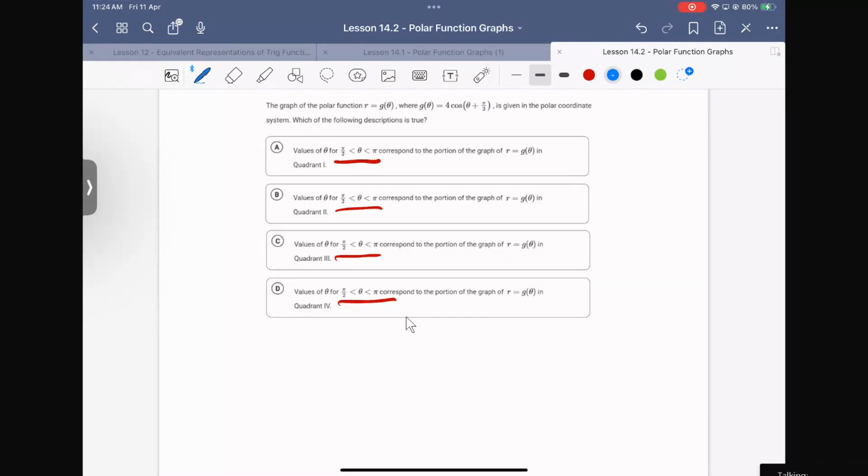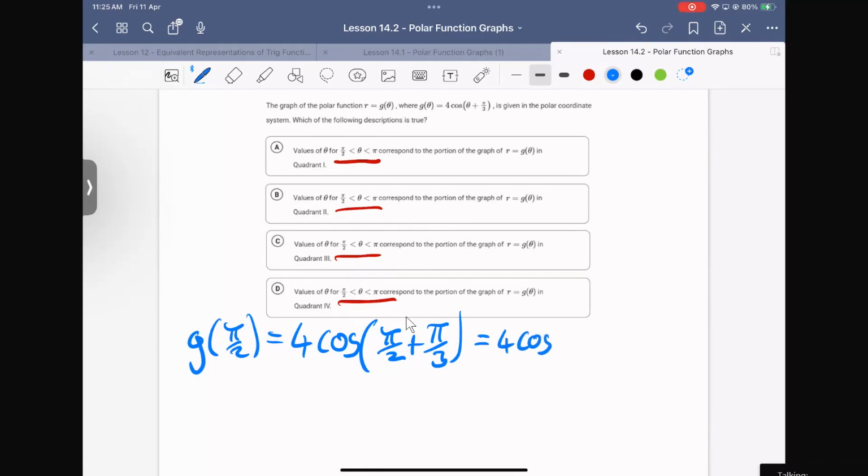So let's try for g of pi over 2. That's going to be 4 cosine of pi over 2 plus pi over 3, which is going to be 4 cosine, let's do this over 6, 3 plus 2 pi over 6, which is 4 cosine 5 pi over 6.